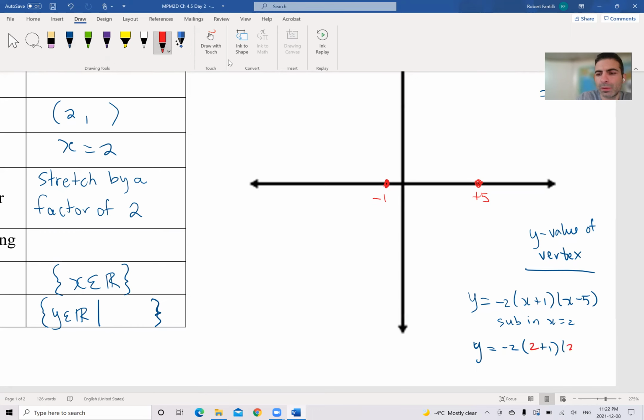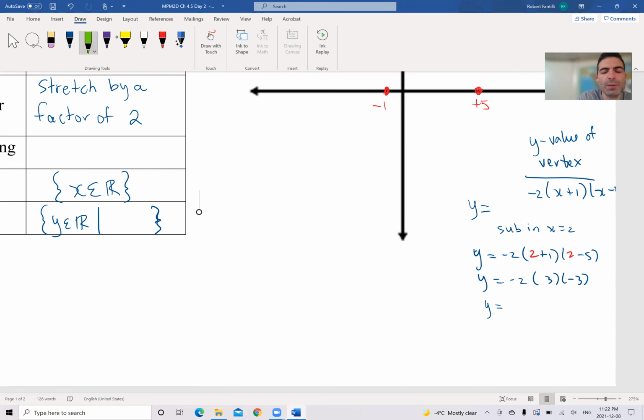I get Y equal -2 times 3 times -3. So -2 times 3 is -6, times -3 is a +18.